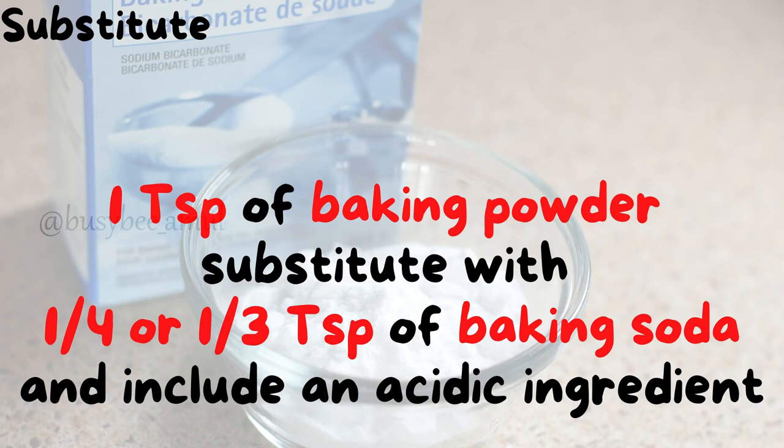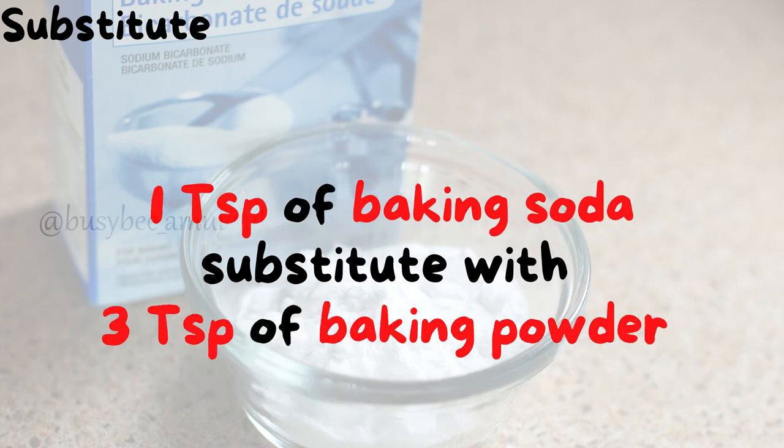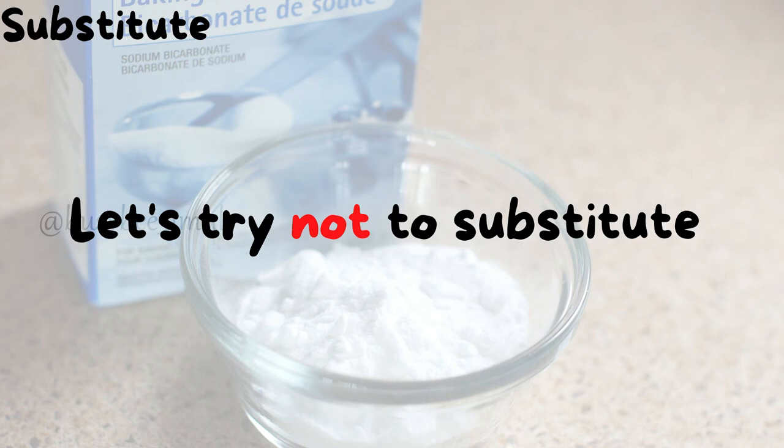But remember, we have to add an acidic ingredient to avoid the metallic taste. This 1/4 of a teaspoon can go up to 1/3 of a teaspoon also. To substitute baking soda with baking powder, 1 teaspoon of baking soda can be replaced by 3 teaspoons of baking powder. But please try not to substitute and let's try to stick to the recipe given.